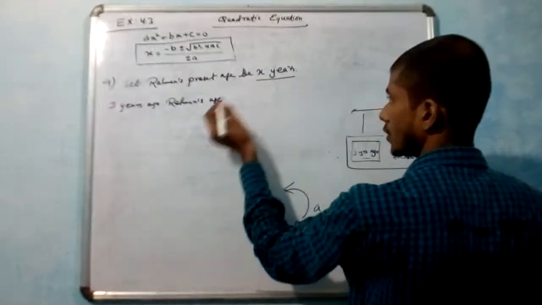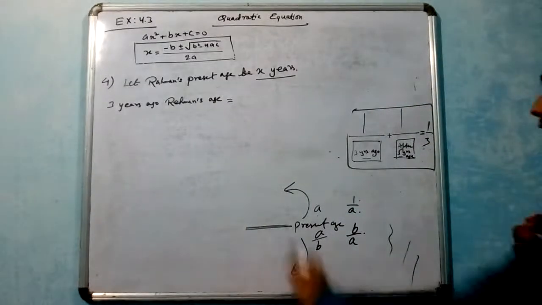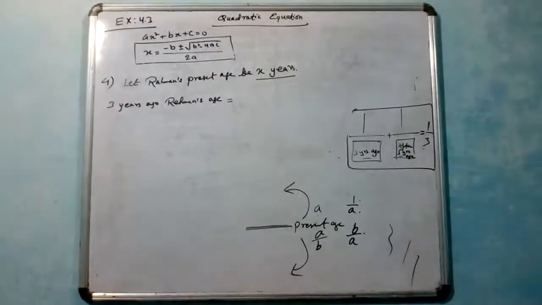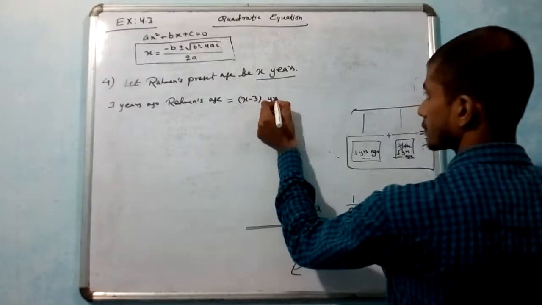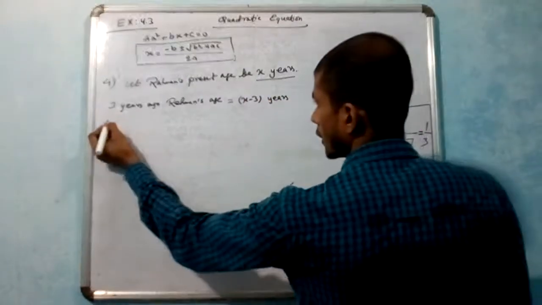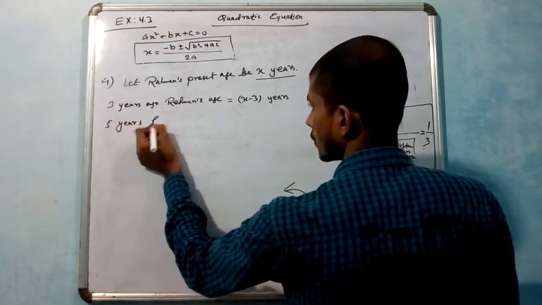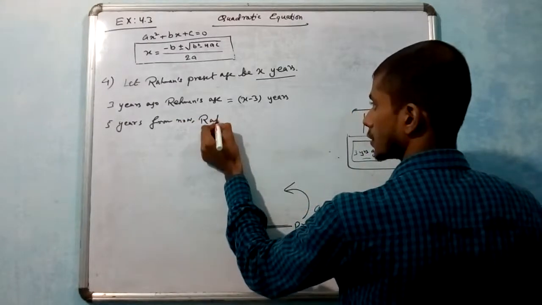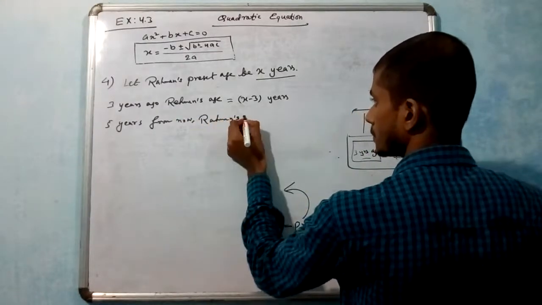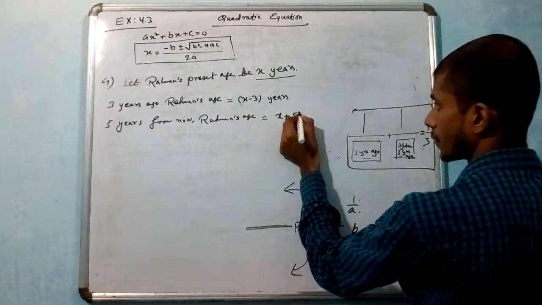If the present age is x years, what was his age 3 years ago? Simple, x minus 3 years. And 5 years from now, Rahman's age will be x plus 5 years.